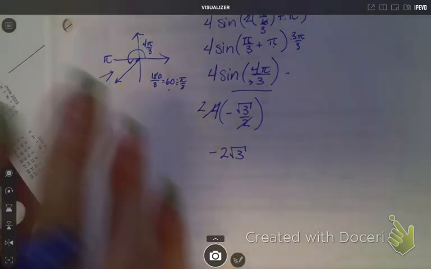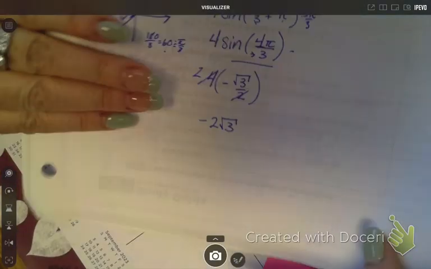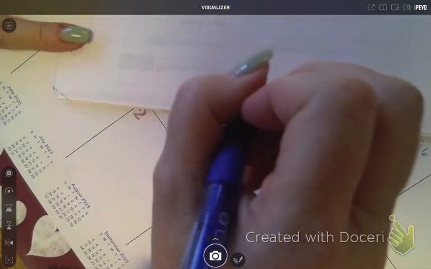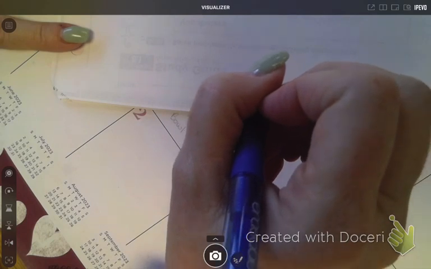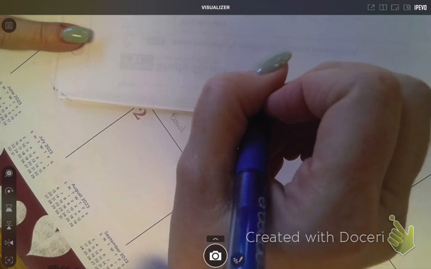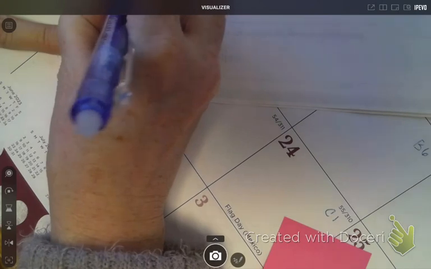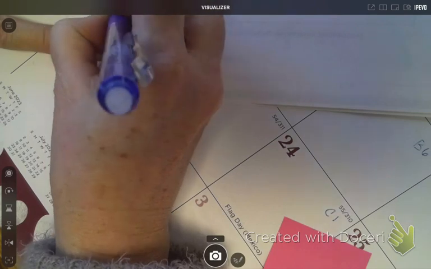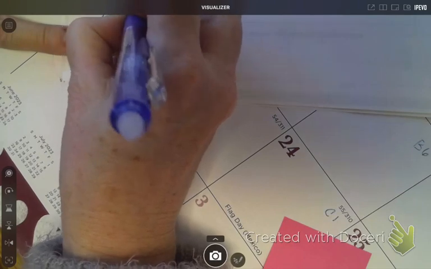I have one last example for you. Maybe not. Oh, yes. Well, I guess 2. So if I were to ask you to simplify the expression, so simplify 2 pi minus pi over 3.